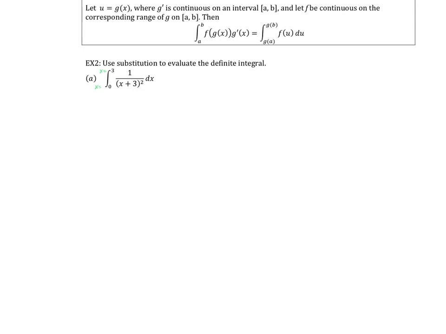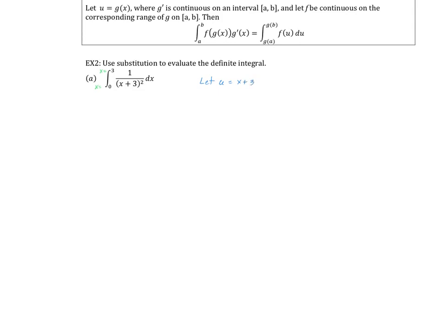In this first example, the problem is I have this quotient, and in the denominator it's an x plus 3. Now if it was just x squared, that would be no problem. But in parentheses I have the x plus 3 squared. That's a problem. So what I'm going to do is let my u equal the x plus 3.